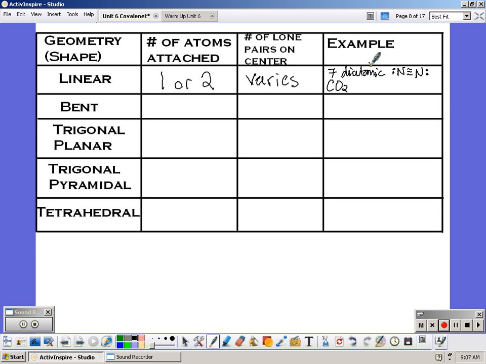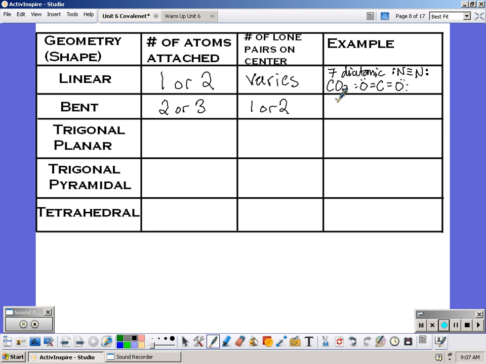If you were to do want minus half divided by 2 with carbon dioxide, you get 4 bonds. So the carbon is double bonded to each of our oxygens, and it actually has no lone pairs on the center, but it's still linear because there's 3 atoms attached. A bent molecule will either have 2 or 3 atoms attached with 1 or 2 lone pairs.